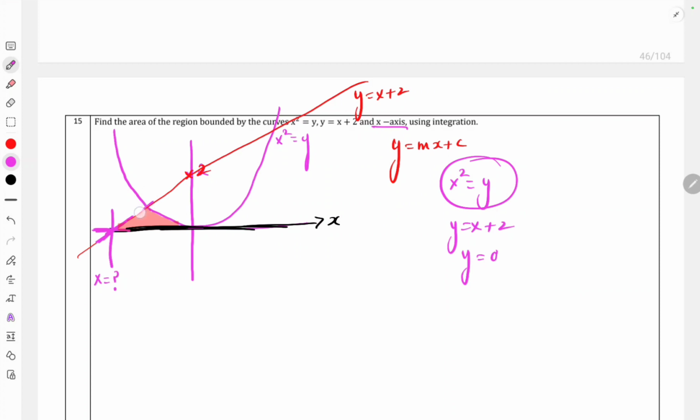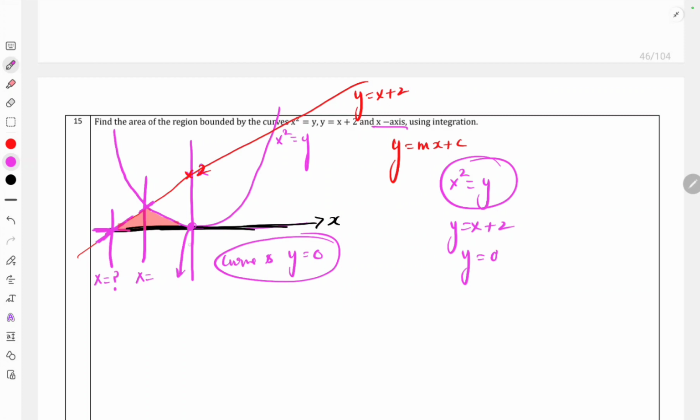Next, the line y equal to x plus 2 and the curve x square equal to y intersect, so I have to find the value of x here. And after this, I have to find the value of x here, where the curve and the y equal to 0 line intersect.